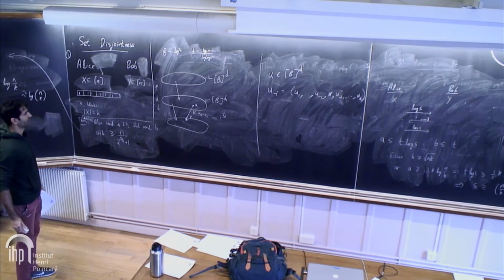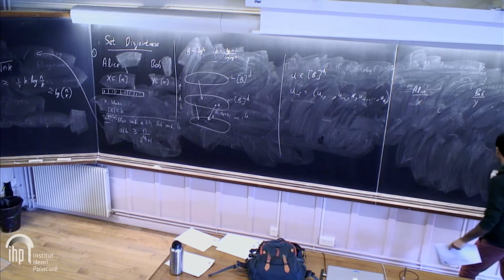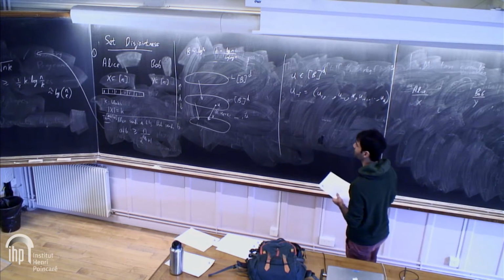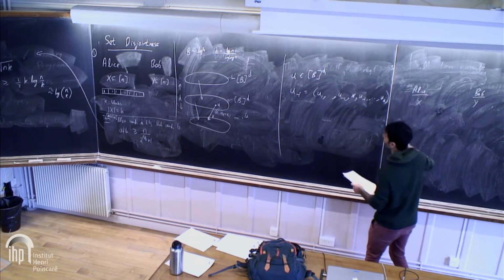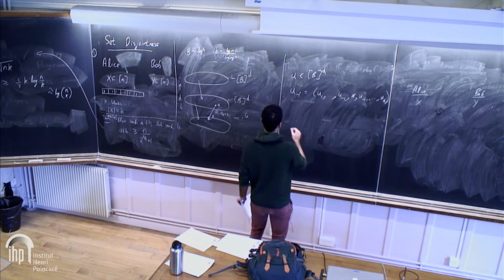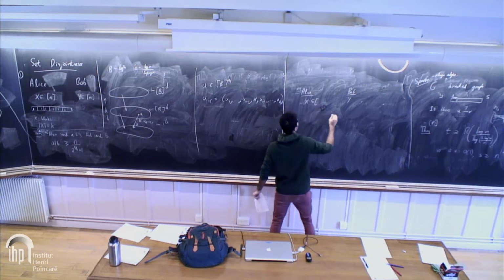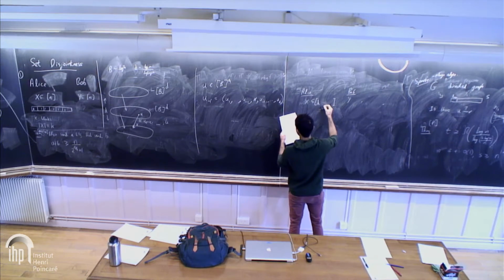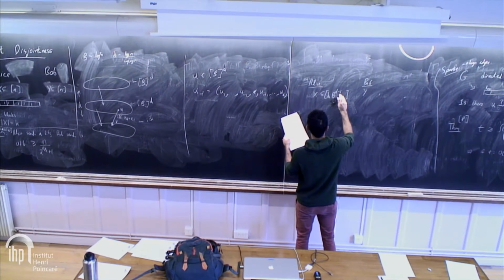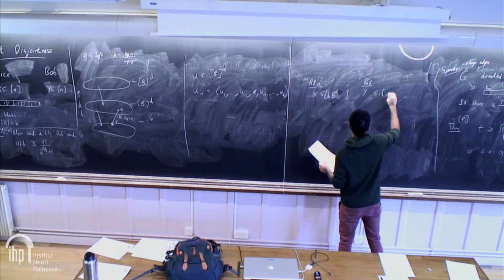Now, how to do the reduction? Just like before, Alice gets a set X, Bob gets a set Y. X and Y will both be subsets of a universe of size D times B to the D minus 1, and Y is also a subset of a universe of the same size.